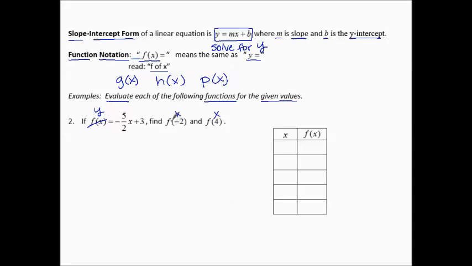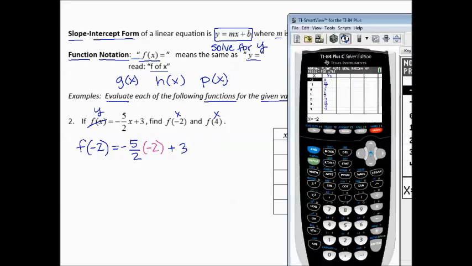If I want to know what f of negative 2 is, I will write f of negative 2 equals negative 5 over 2. Now instead of writing the x that's here, I'm going to substitute in that negative 2 for x, plus 3.